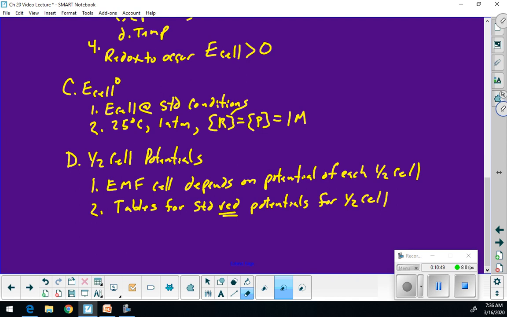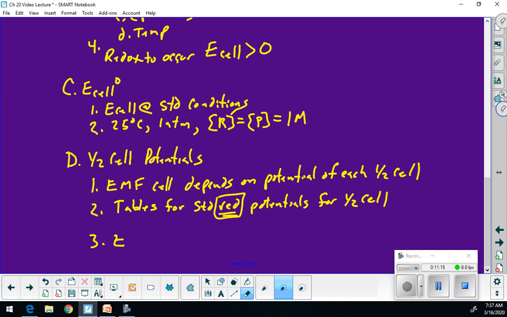Now notice that these are standard reduction potentials. We know that in a galvanic cell one half is oxidizing and another half is reducing. However, for these tables, they are writing everything as if everything is reducing. As a result of that, we play a little trick here in our calculation.